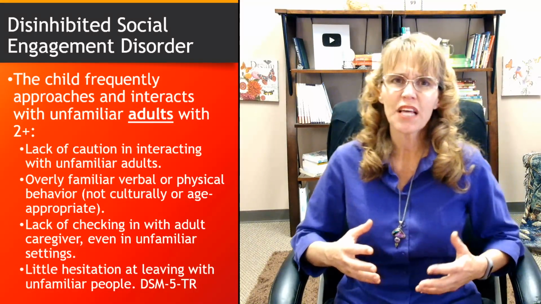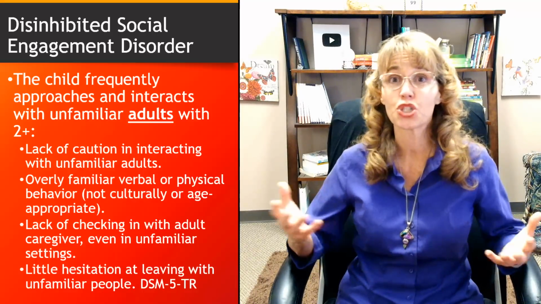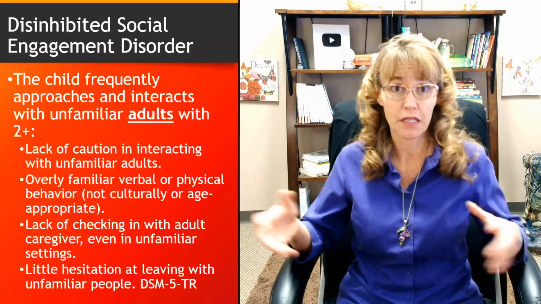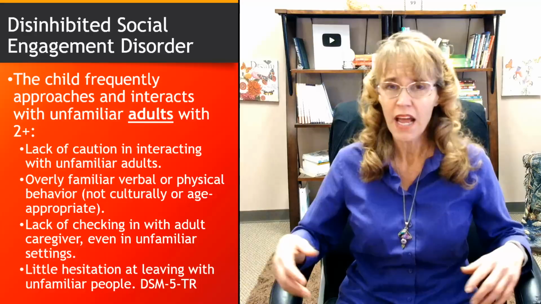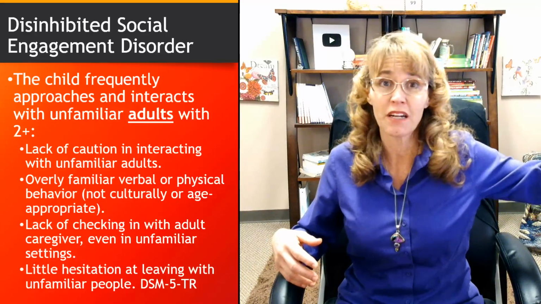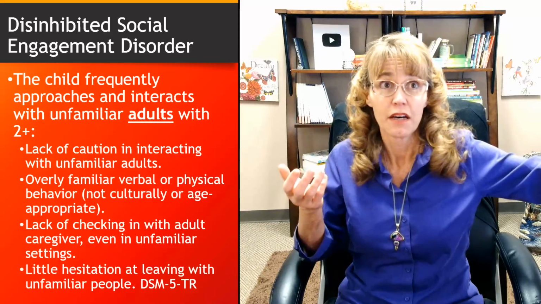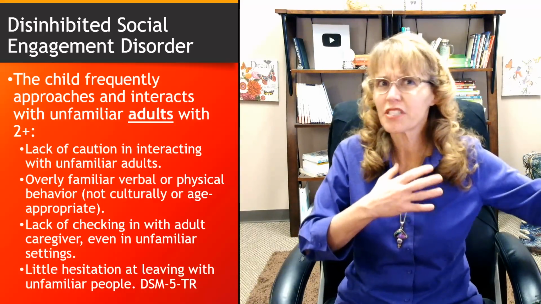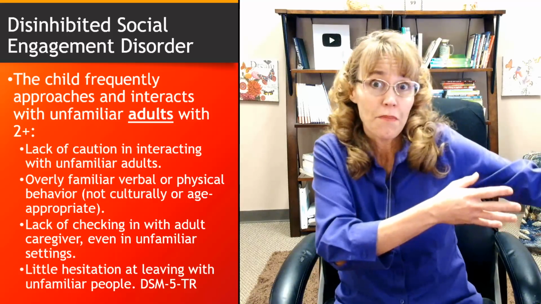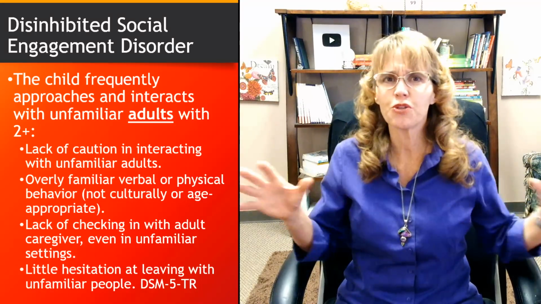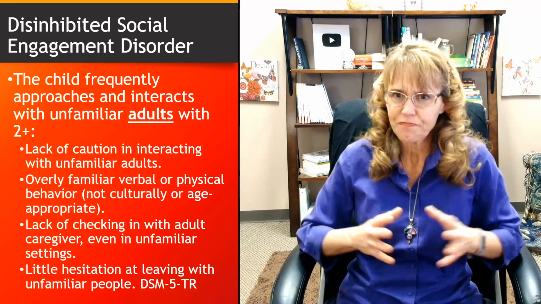But interacting with unfamiliar adults would be more like a child walking up to a complete stranger on the playground, an adult stranger that they've never met before, that they've never seen before. It's not Tommy's mom that's been on the bench every week since you've started going to the playground. That person is a little bit more familiar to the child, and it's Tommy's mom, even though they've never met. So we do want to watch how we apply that criteria.